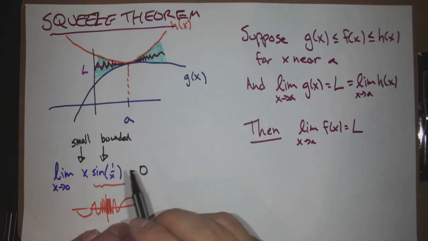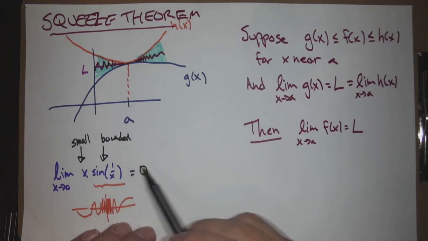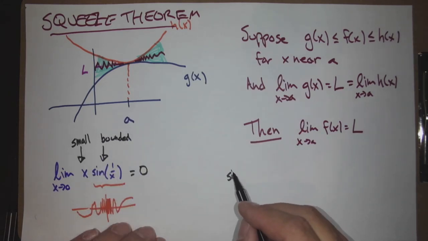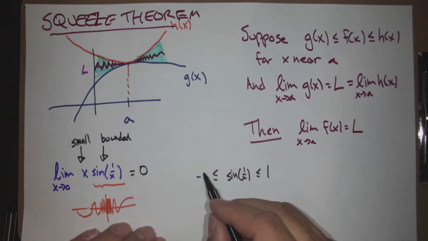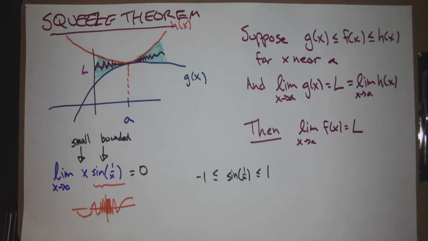Well, we say, aha, the bounded part, we're going to bound it. So sine 1 over x is less than or equal to +1 and greater than or equal to -1, because that's always true about sine. Now I'm going to do something mildly clever.